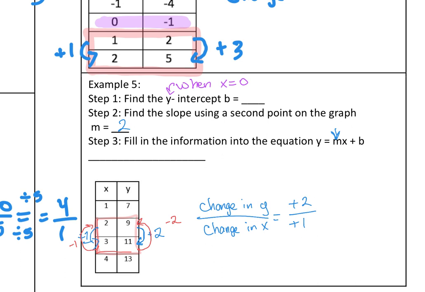From 9 to 7, what was the rate of change? 9 to 7. I decrease from 9 by 2 again. From 2 to 1, I decrease by 1.